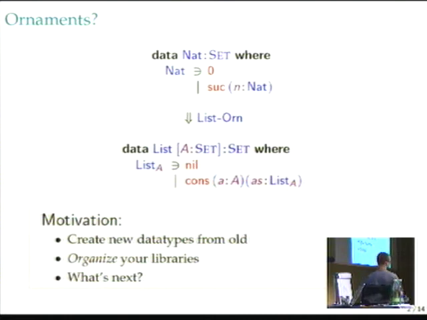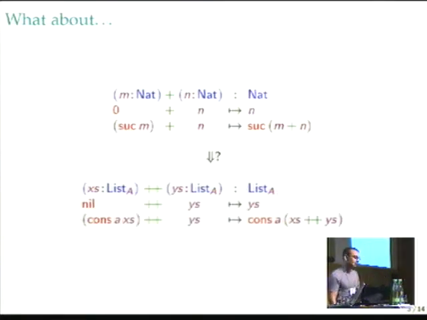But if you're an actual programmer, not an academic, you're not defining data types just because they are nice. We do that, but we are strange people. You define data types as a means towards some end, and this end is writing functions, computations. So let's say you have your library on natural numbers, and one of its functions will be addition of natural numbers.